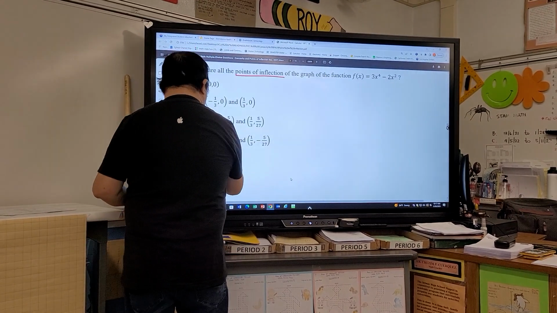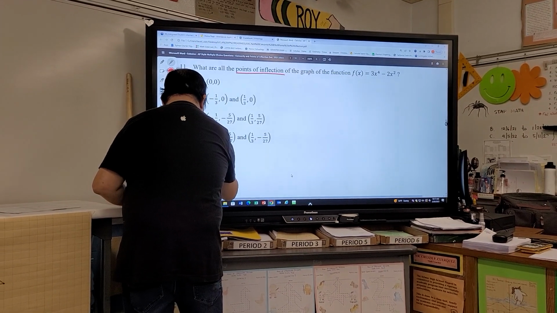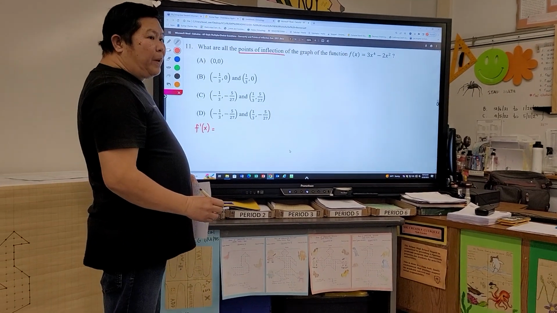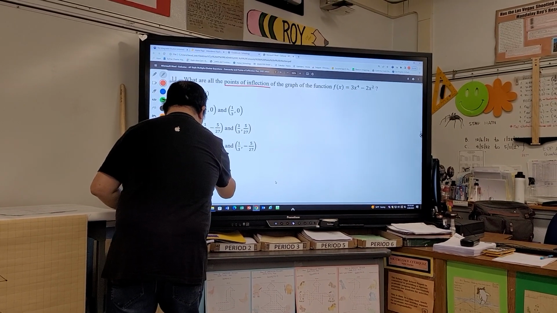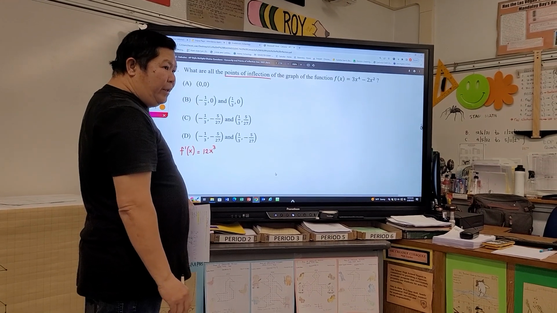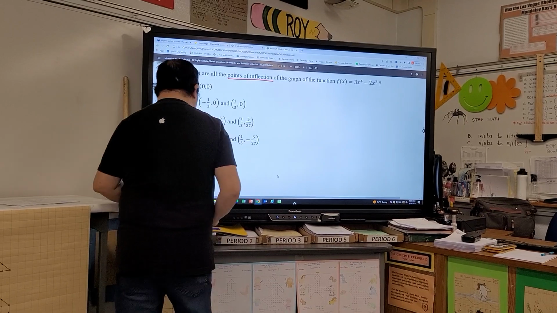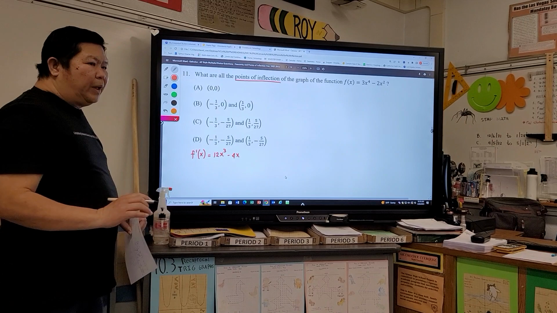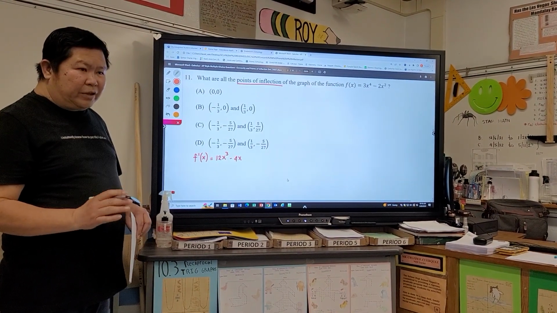Okay, so we do f prime of x is equal to 12x to the power of 3, and then minus 4x, right? Then we don't have to equate to 0, but proceed by taking the second derivative. Do you get me?